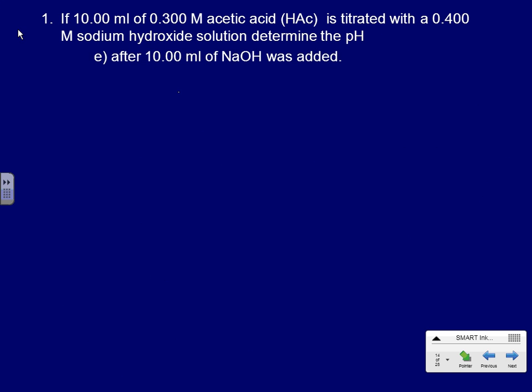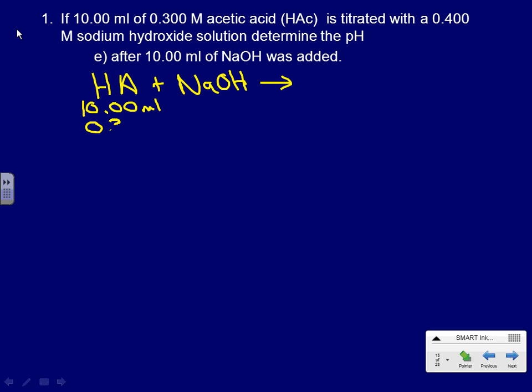One last example. What if we blow it over the top and we add too much base, or we go beyond the equivalence point? Same analysis. HA plus NaOH. We're not going to worry about the products. Again, 10.00 milliliters, 0.300 moles per liter, 3.00 millimoles.